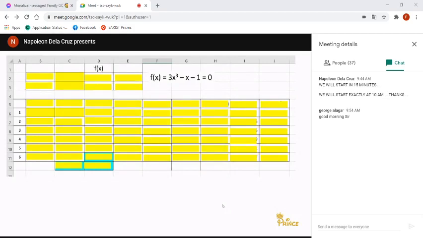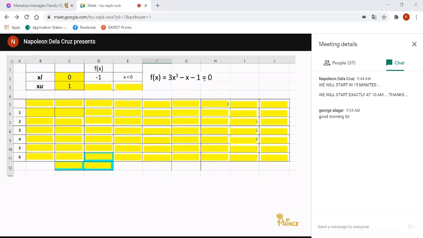We will assume the xL, xU. Ayun, tignan ang aking monitor. For the first one, xL, we will substitute 0. Therefore, f(x) will be equal to negative 1, which is less than 0. It's good.